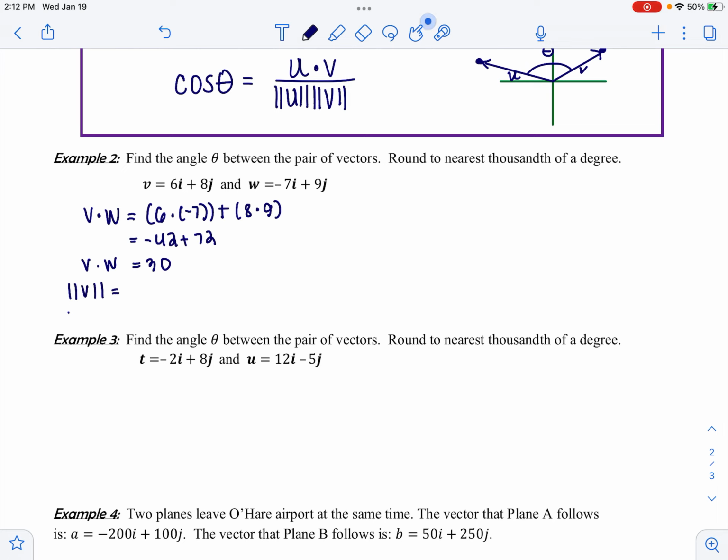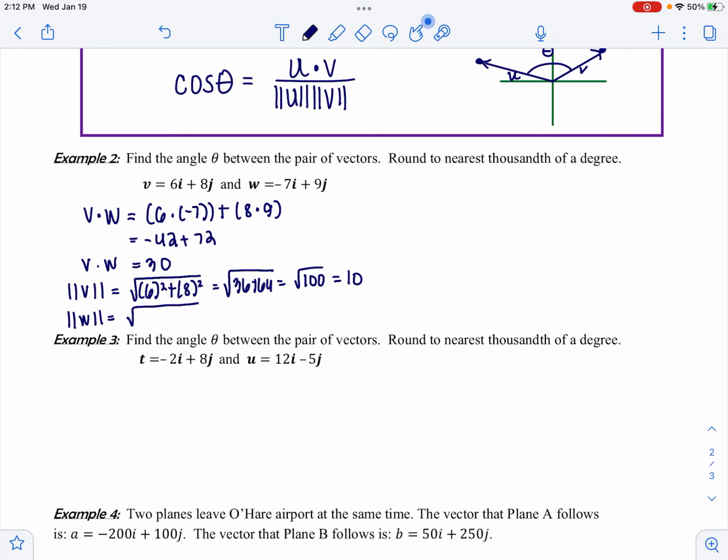And now I need the magnitude of v and the magnitude of w. Remember the magnitude formula is the square root of a squared plus b squared. Square root of 6 squared plus 8 squared, so that's the square root of 36 plus 64, square root of 100, which is 10.